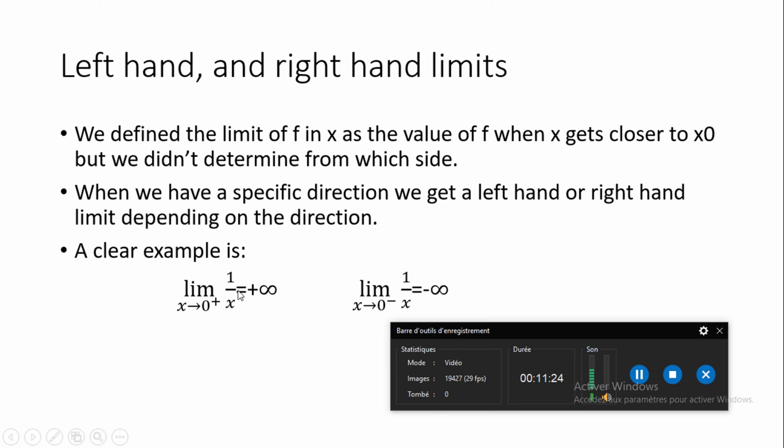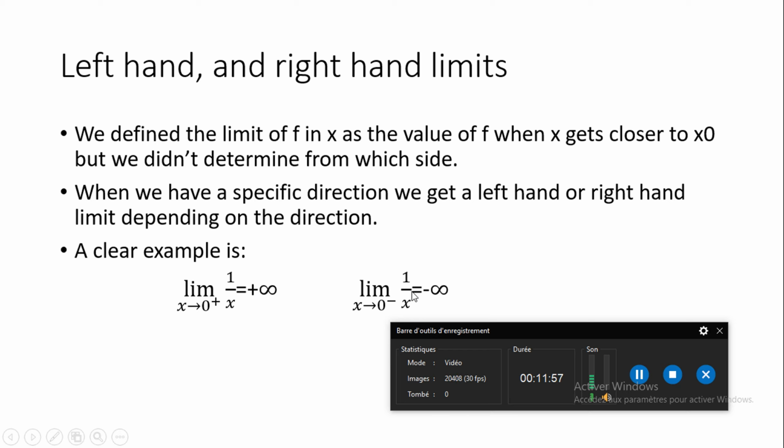If you remember the last video, we said that here we calculate how much 1 over x is when x gets closer to 0 plus. So we calculate, for example, 1 divided by 0.1, 1 divided by 0.01, 1 divided by 1 over a million, etc. And it keeps getting bigger and bigger.